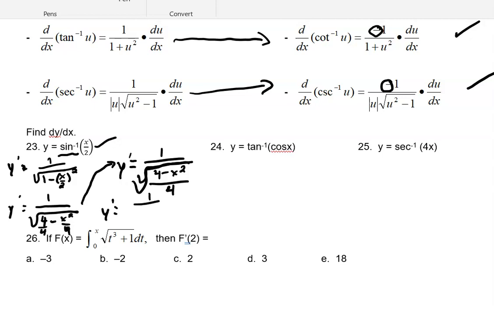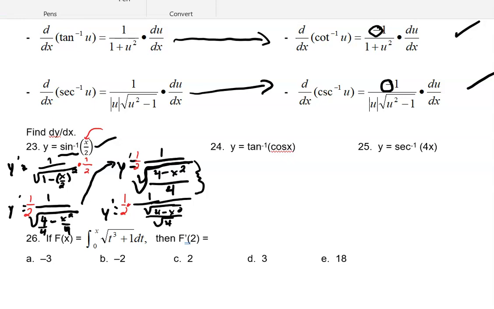Then we would hopefully understand that the square root of a fraction, which is what we have here, I can split into 2. So I would have square root of 4 minus x squared, all divided by root 4. Oh, I forgot something too, by the way. Sorry. So easy it is to mess up. We would have had to have multiplied by the derivative of this. So we should have an extra 1/2 in front of all of these. So I'm just butchering this pretty good.